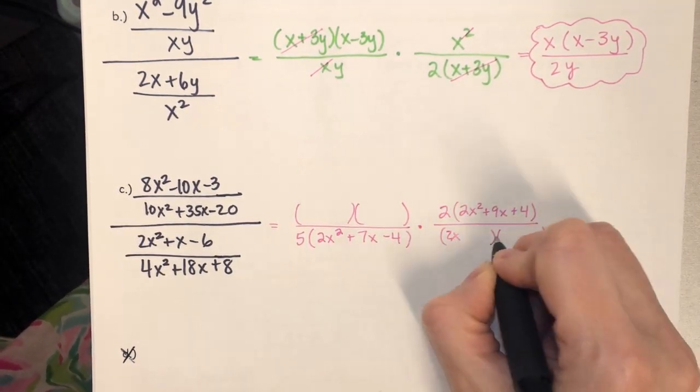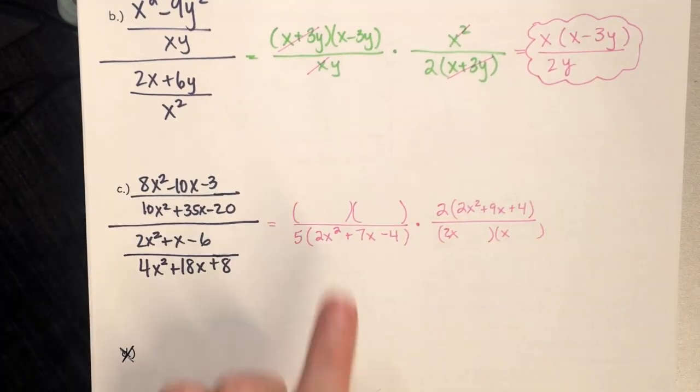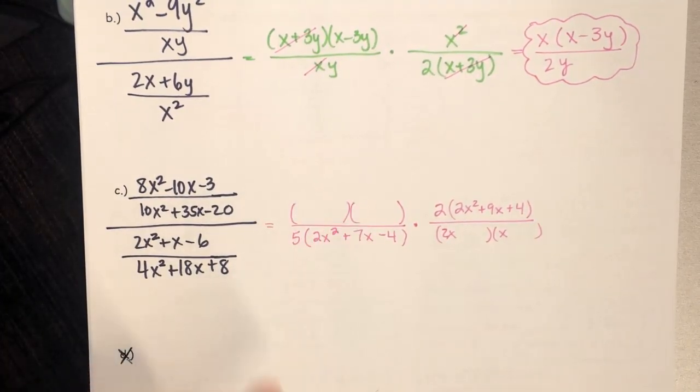So that becomes more manageable to factor. And here I have 2x and x. Okay, I would say this one to factor last.